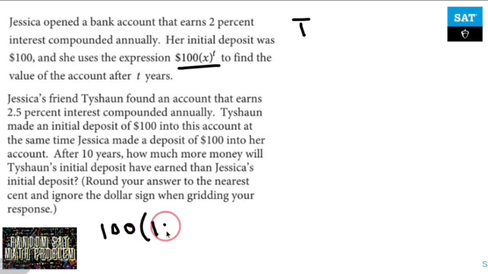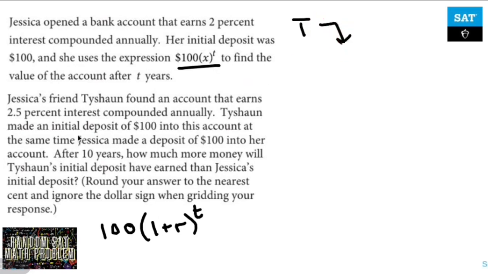You have 100%, you add the decimal rate, and you take it to the time power. This is compound interest done annually. If it wasn't annually, we would have divided by n and n attached here, but I don't see that. So if you're wondering what the x is, it's 1, or 100%, plus whatever rate it gives you.